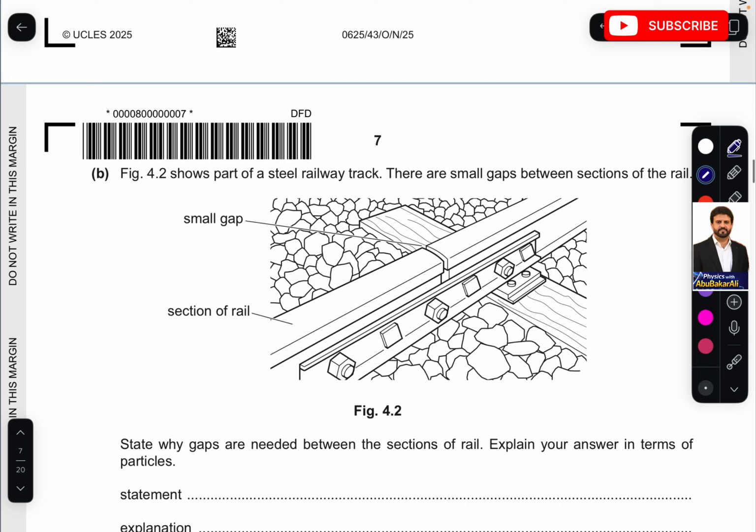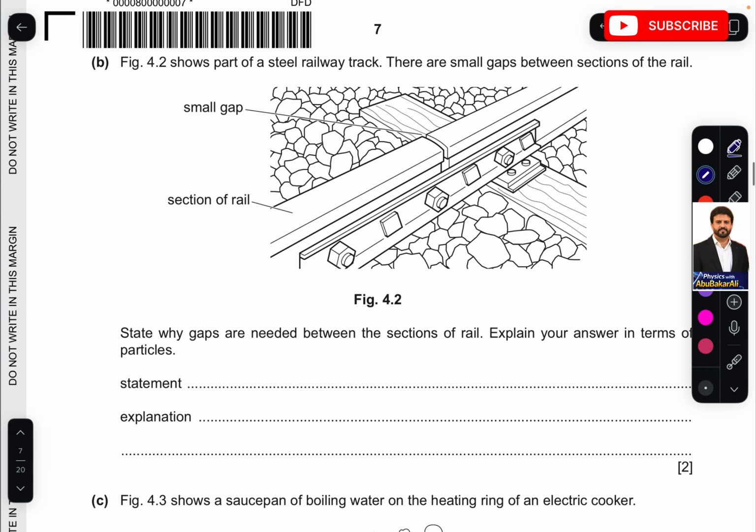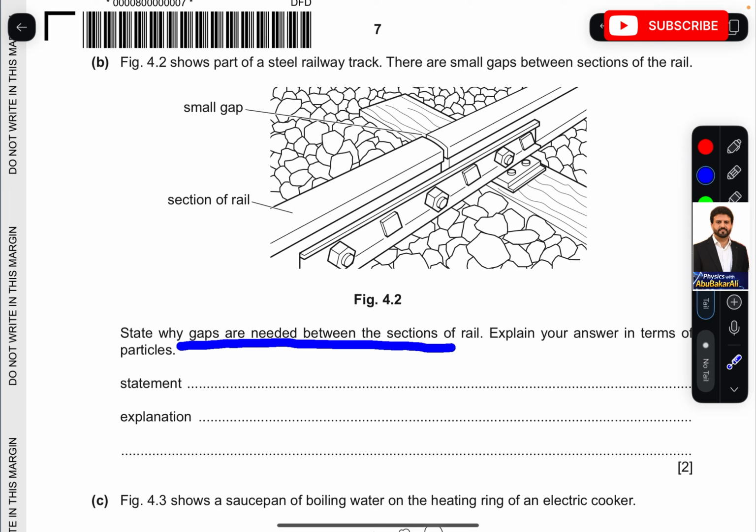Okay. Moving forward, the figure shows a part of a steel railway track. There are small gaps between the sections of the rail. State why gaps are needed between the sections of the rail. Explain your answer in terms of particles. Okay, state and explain. Keep in mind you have to explain your answer in terms of particles.